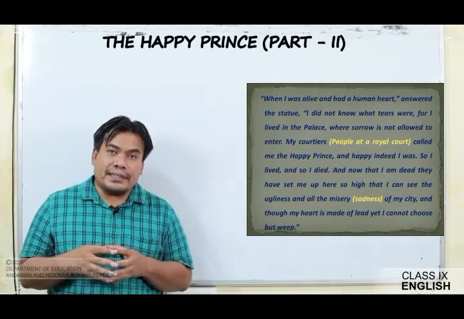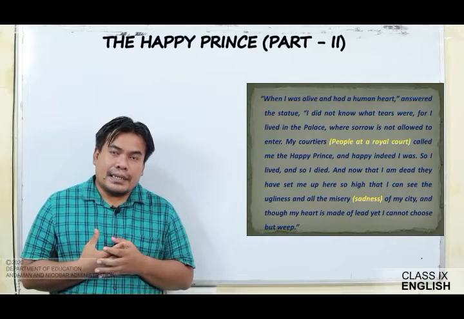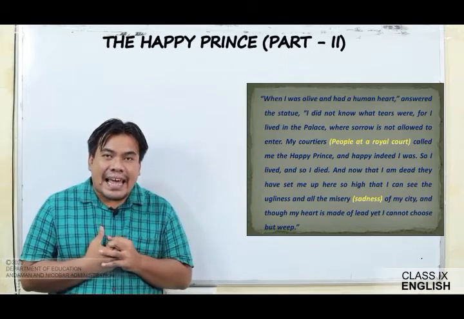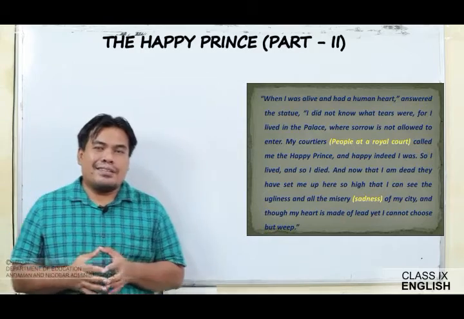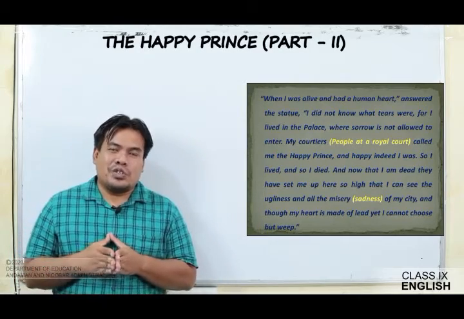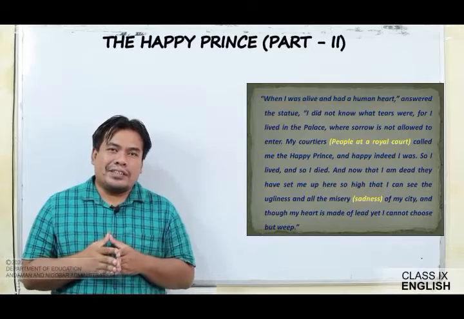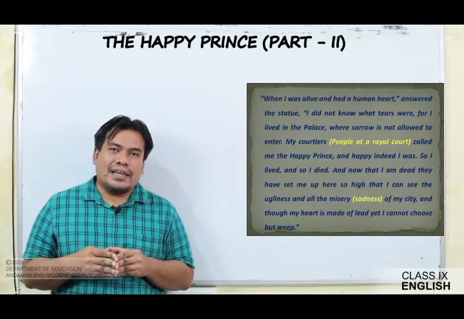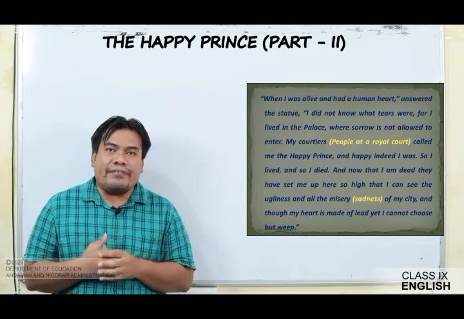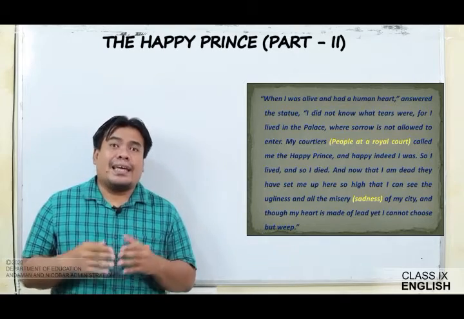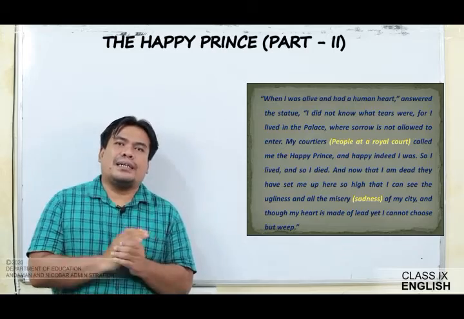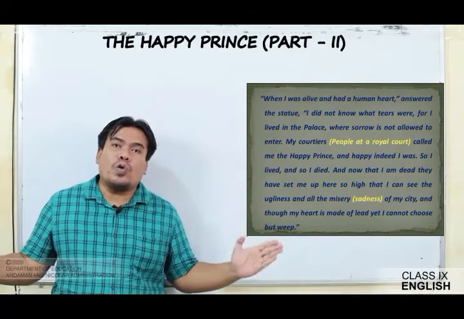So here the prince is saying why he is feeling sad, because he is able to see the entire city and the sadness of the city. Once when he was alive, he was very happy. Of course he was happy, and just because of his happiness, the entire city was also happy.